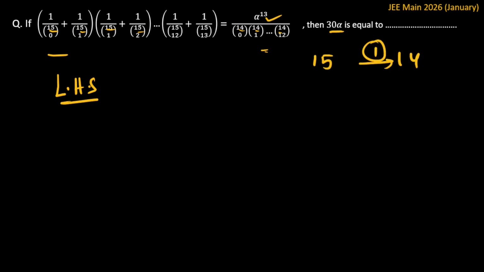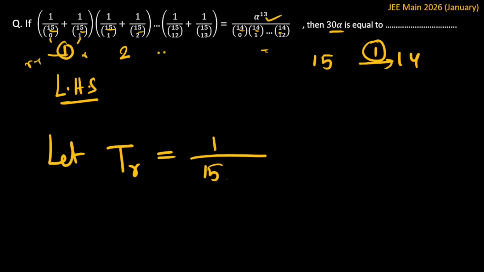In this case we write the general term of the left hand side. How to write the general term? There is the first term, the second term, up to the nth term, and these terms are in a product. Let us define the general term TR of the left hand side as 1 over 15C(R minus 1) plus 1 over 15CR.